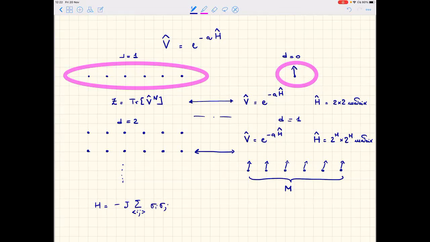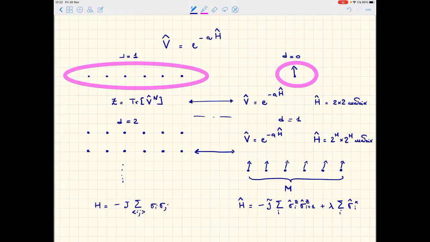The Hamiltonian h, in this case, the quantum mechanical Hamiltonian, can be shown to be equal to minus, let's call it J tilde, sum over i, sigma z i, sigma z i plus 1, plus lambda sum over i, sigma x i.